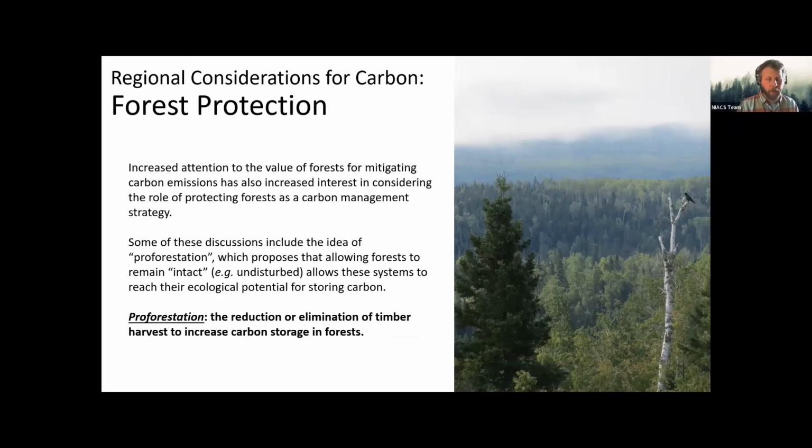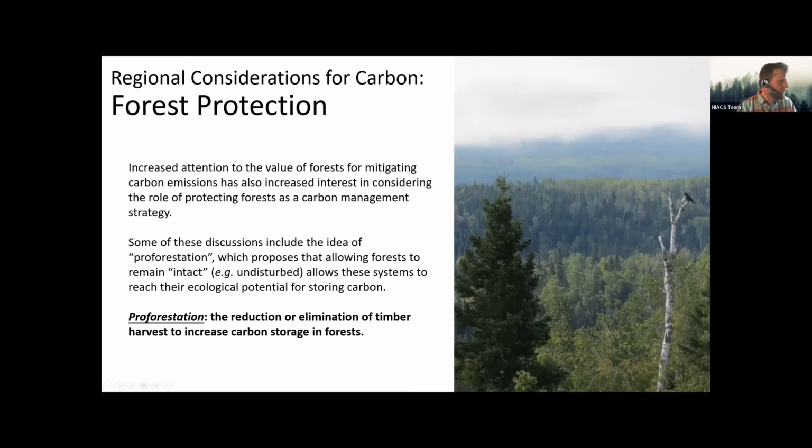Anytime there is a public presentation on carbon management or forestry and carbon, this idea of proforestation comes up, and there's a very vocal segment of the population who's really pushing for the elimination of timber harvest, particularly on public lands in our region, with this idea that if we allow forests to remain intact, which is another way of saying undisturbed, that is the best way to enhance their ability to reach their ecological potential for storing carbon.